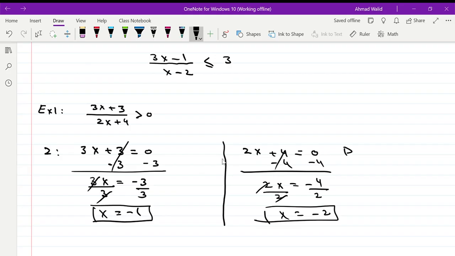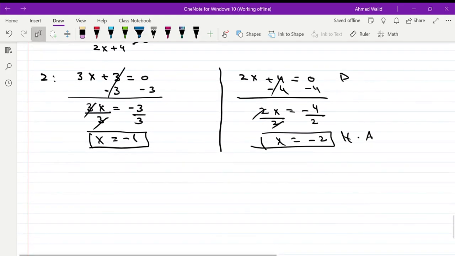Or actually, because we discussed also rational functions, x equal -2 is your vertical what? Your asymptote. You have to be careful when you draw the number line here. You have to exclude the asymptote from your values, correct? How? I'll explain it to you.